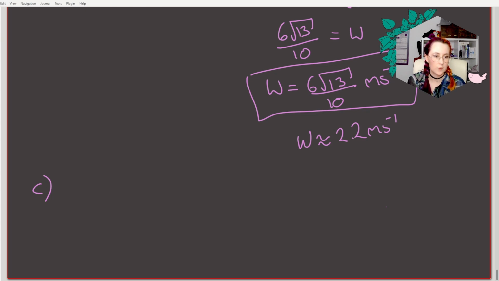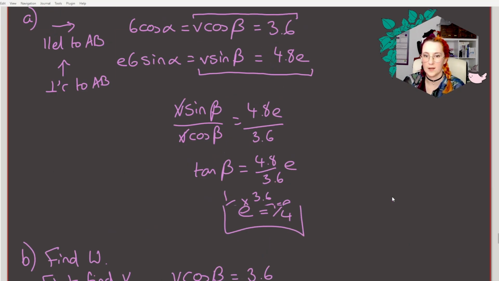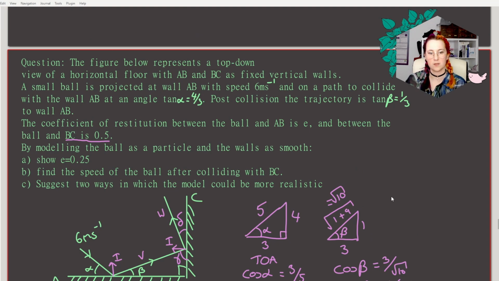So part C, things that could be made more realistic include friction. And then we got told that it's a horizontal floor, so it's moving along a floor. So what would another one be? This is a good question.